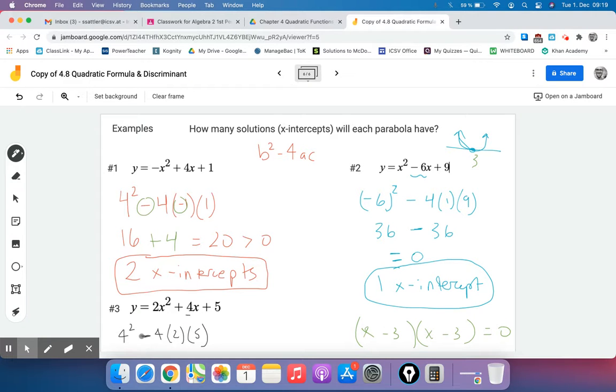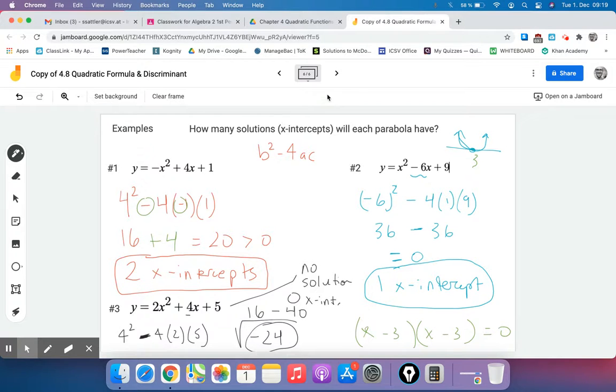Okay, there's only one minus in this problem, so we're going to get a subtraction. 16 minus 4 times 2 is 8. 8 times 5 is 40, and we can see we get a big negative number. Okay, so if we try to take the square root of a negative number, we get no solution. So this is the case where there's no solution. You could write no solution, or you could write 0 x-intercepts.